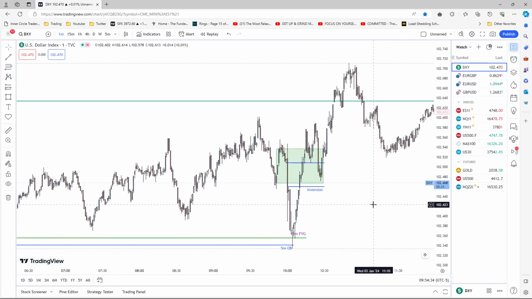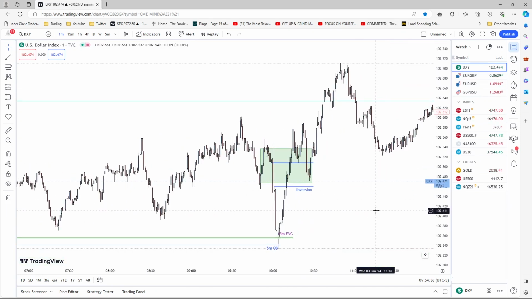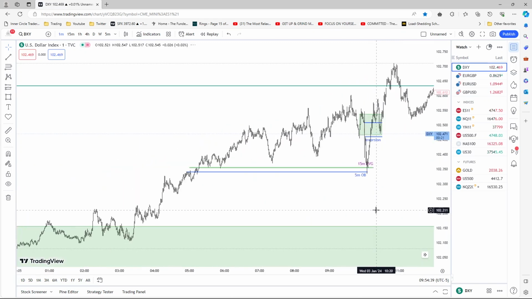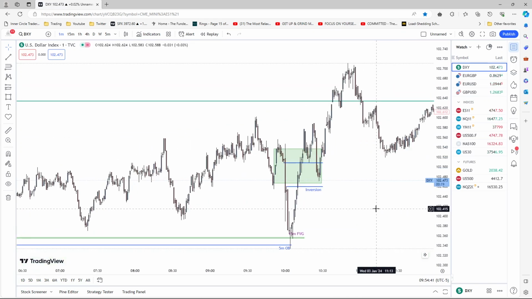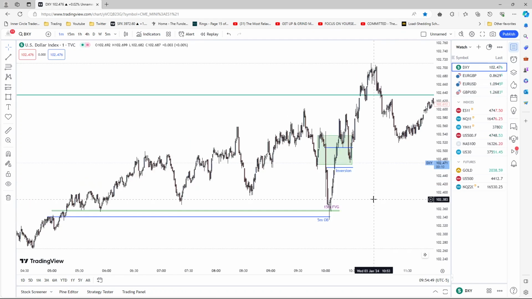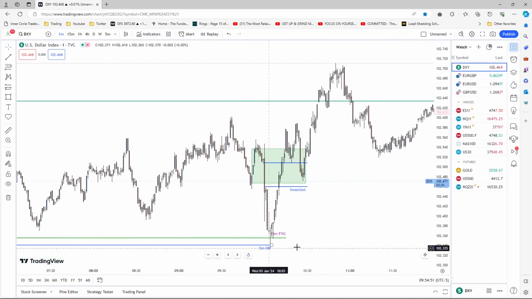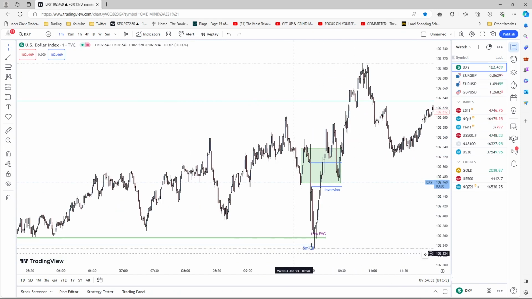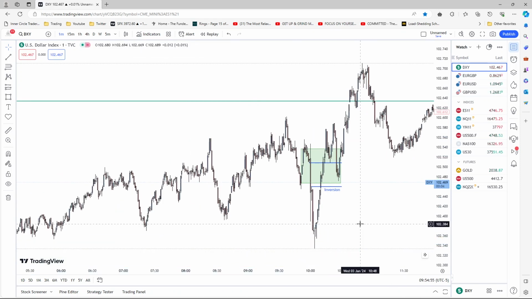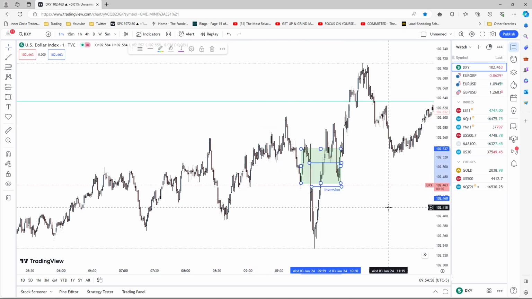That's the light bulb moment. So you get internal range liquidity to external range liquidity, and external range liquidity to internal range liquidity. Those are your two different levels of liquidity.